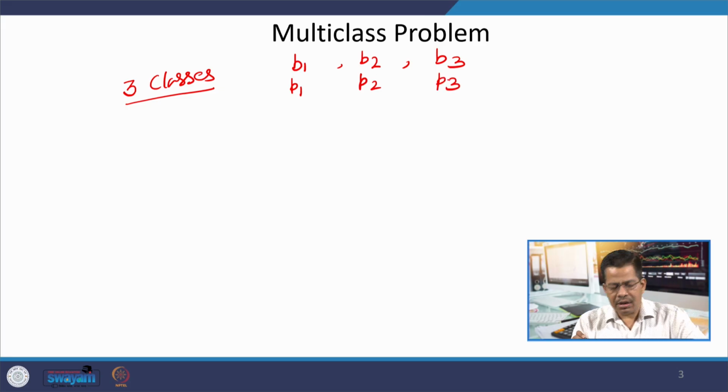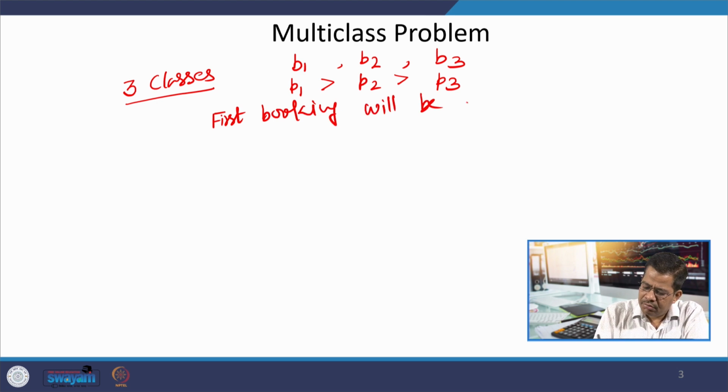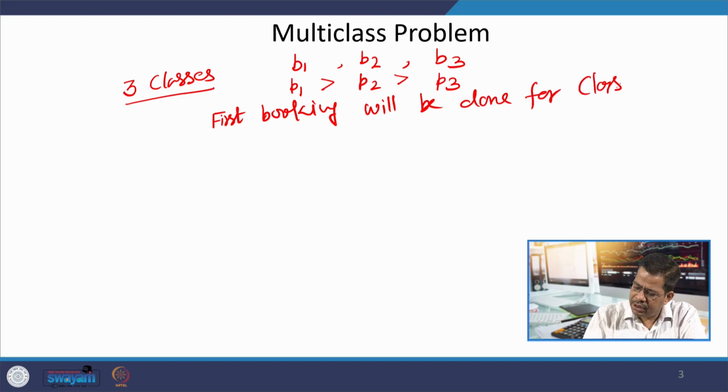It is simple to understand that P1 is greater than P2 and P2 is greater than P3. The convention which we followed is that first booking will be done for class 3, then class 2 and then class 1.